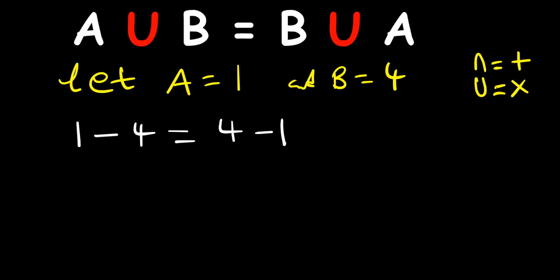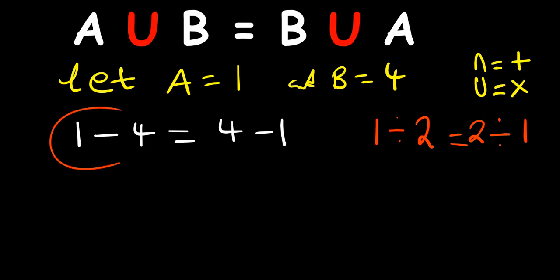And for the other one, using division, 1 divided by 2, is it the same as 2 divided by 1? So let's start with our first question. 1 minus 4 gives us a negative 3. 4 minus 1 gives us a 3.